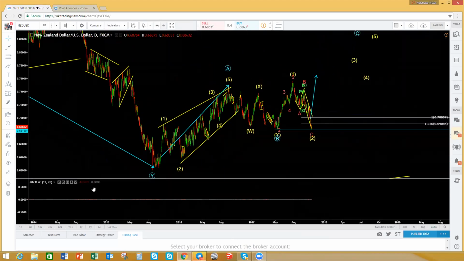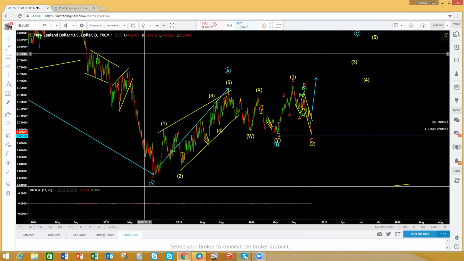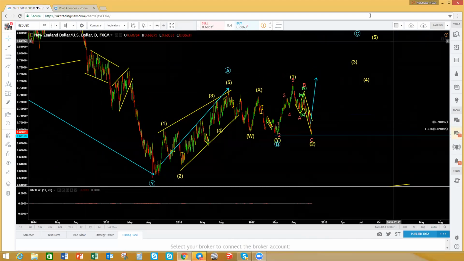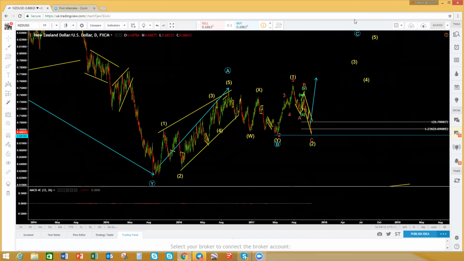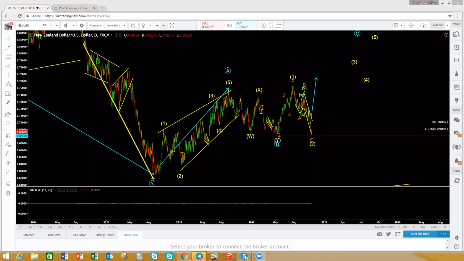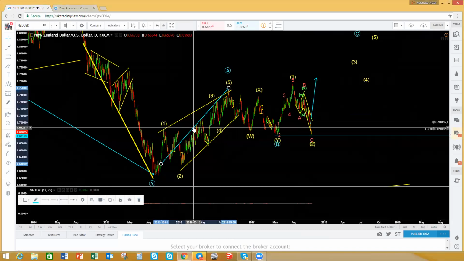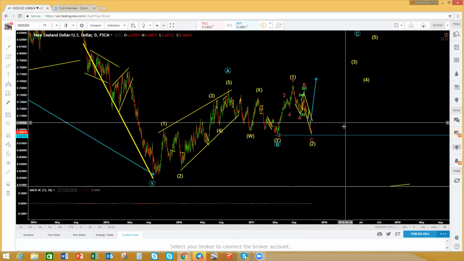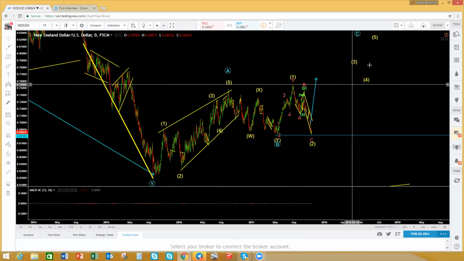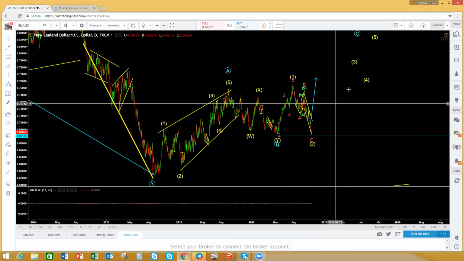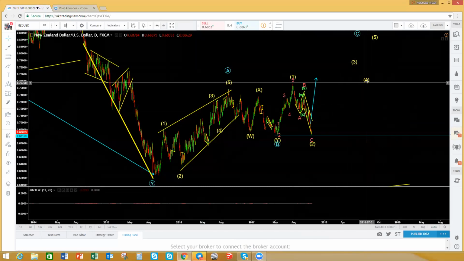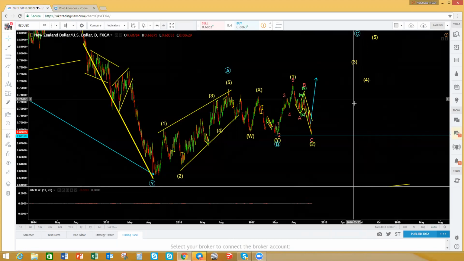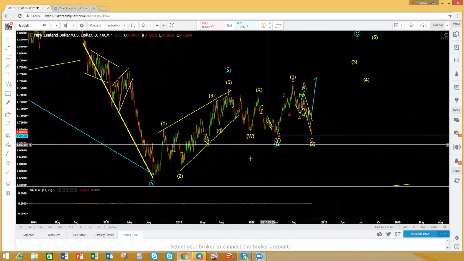Let's just clean the screen a bit. Get the color. So we've had this impulse here from way back. Let's clean it out a bit. I'm keeping it for a reason. This was the original analysis, which has now changed.